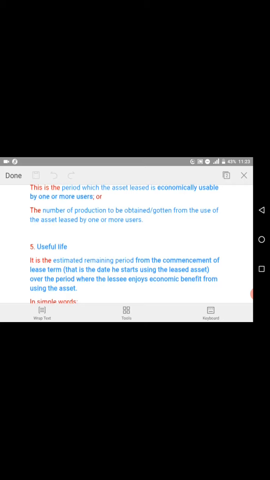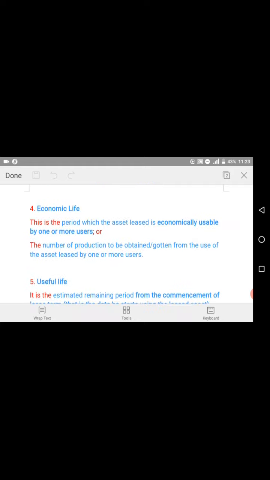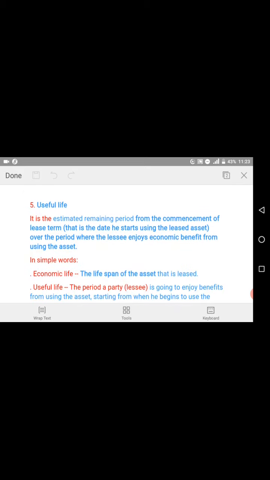Now, this useful life is related to a single user, the period in which he enjoys using the assets and gets economic benefit from using the assets, while the economic life is the total lifespan of the assets that is being leased. That's the major difference between both of them.